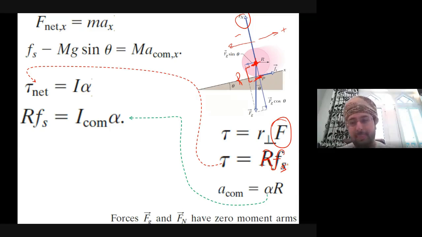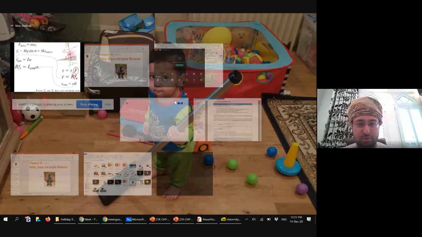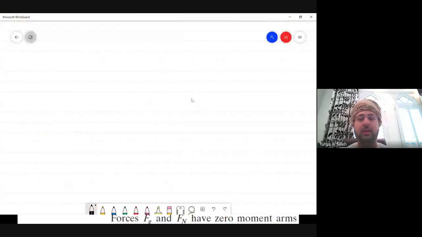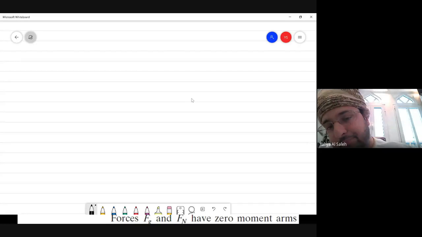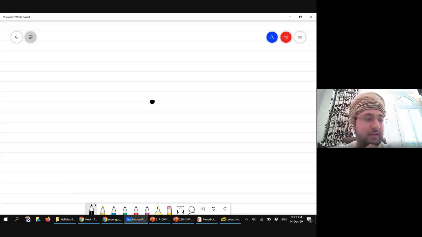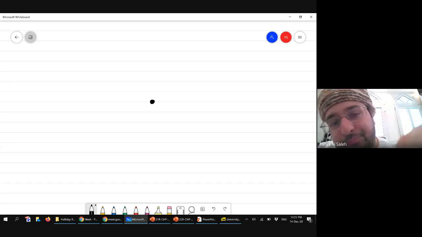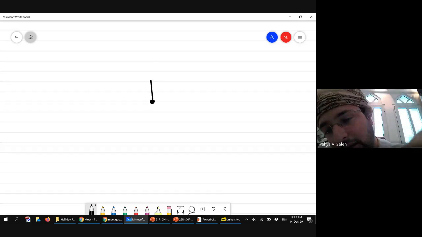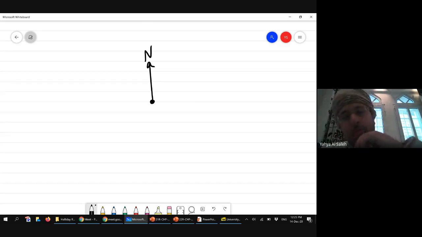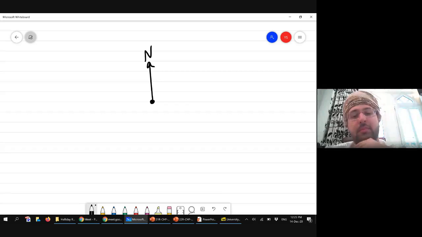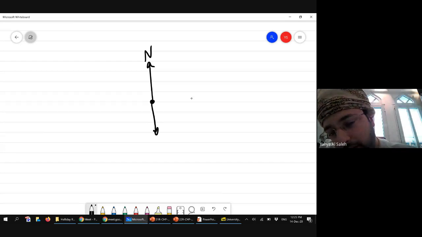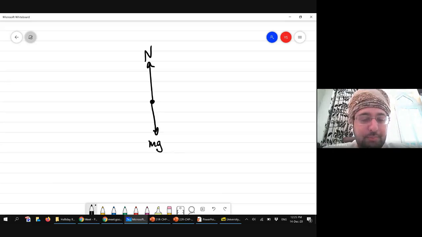Okay. So when we are trying to, let's switch to a whiteboard. Let's do a free body force diagram. If this is my center of motion, my normal force is going to be this way. My mg is going to be this way.